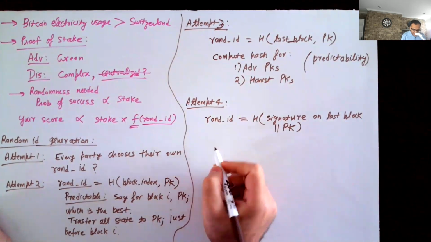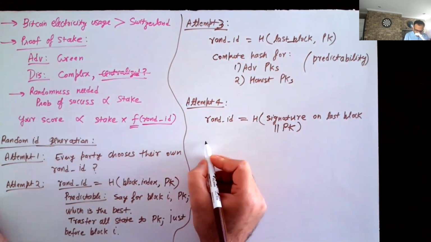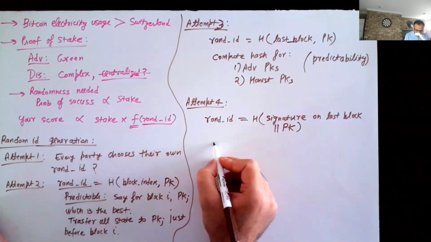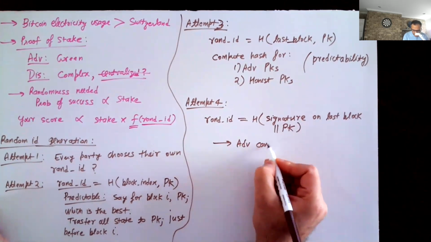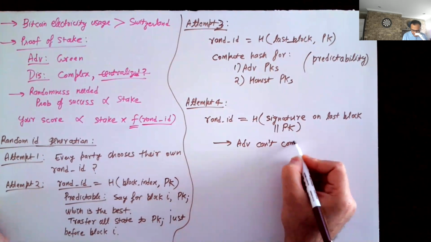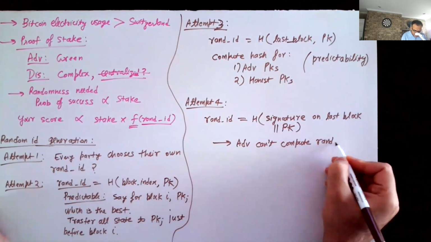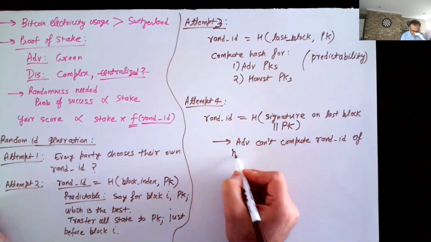Okay, and now you can see that the adversary cannot compute the random ID of honest parties.